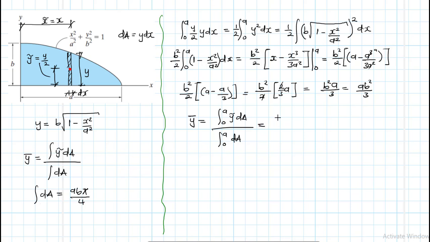This is going to be equal to ab squared divided by 3 over dA, which we said is ab pi divided by 4. So if this and this cancel out, we just remain with ab on top, then with ab, a 4 goes on top, and we have 4b divided by, because b and b there cancel, just remain with a over 3. Great.